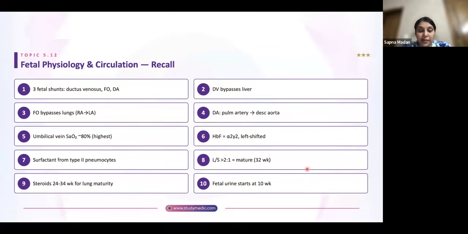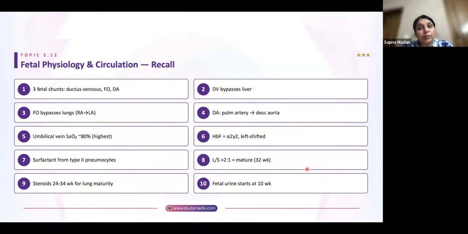Umbilical vein has the highest saturation of oxygen in the fetal circulation. Hemoglobin F, fetal hemoglobin, is alpha 2, gamma 2, and there is a left shift of the oxygen dissociation curve so that the fetus can utilize as much maternal oxygen as it requires.